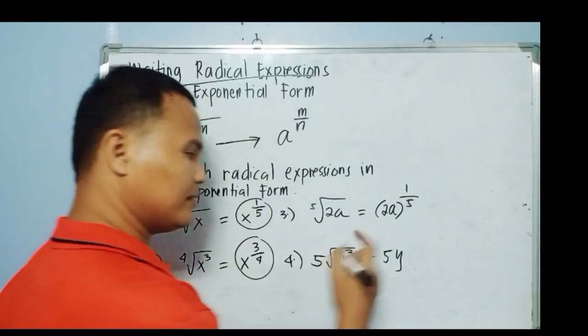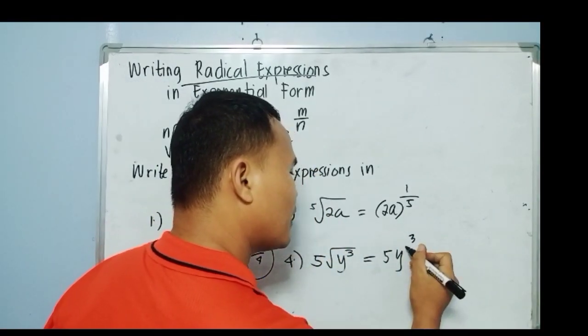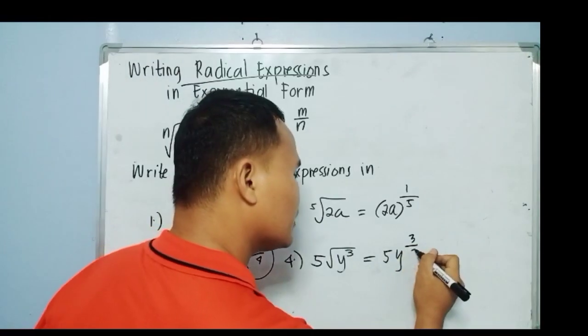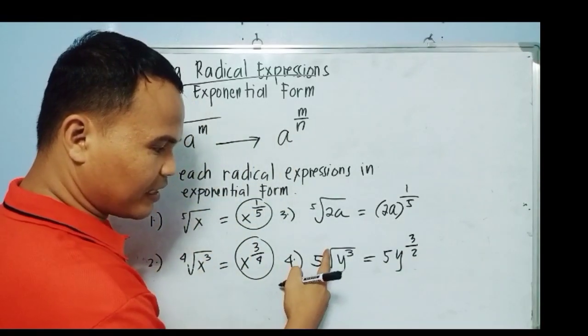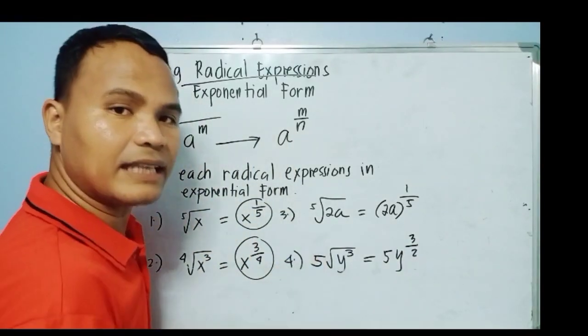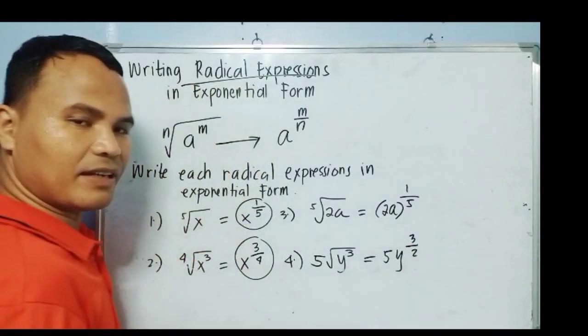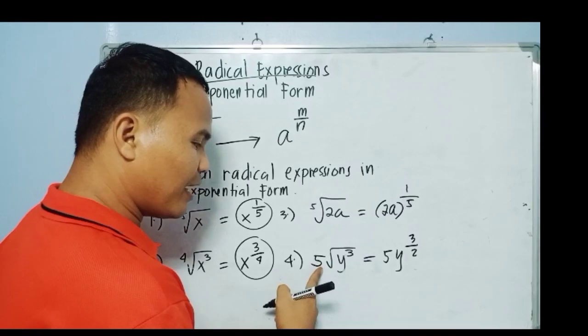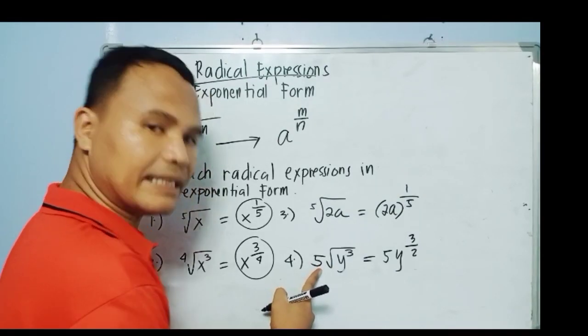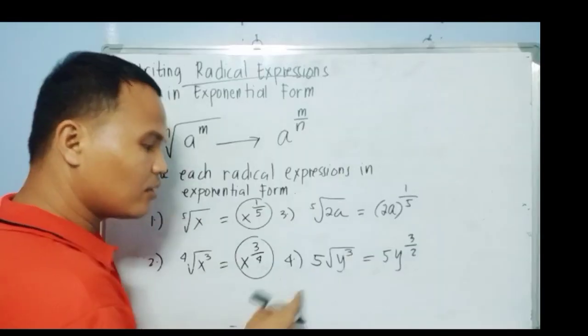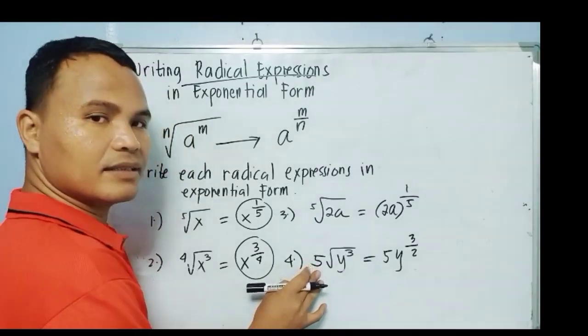Or unsa exponent ni y? That's 3. What is our index? 2. Ingon ako ganina, basta walay number sa igbaw na kabutang, automatic ang atong index kay 2. So again, ayaw butang og parenthesis ni 5y, kay si 5 dili siya radicand. Nasa gawas. Whole number siya.